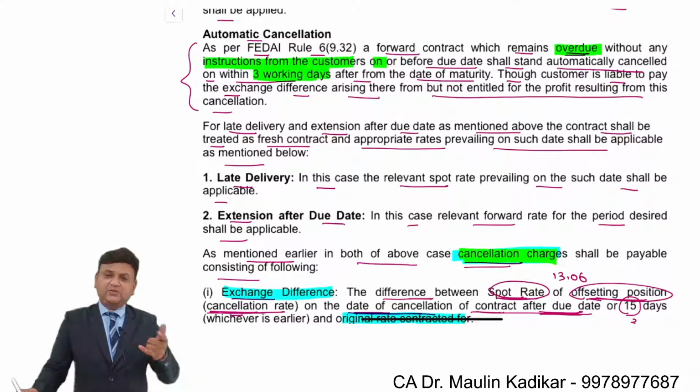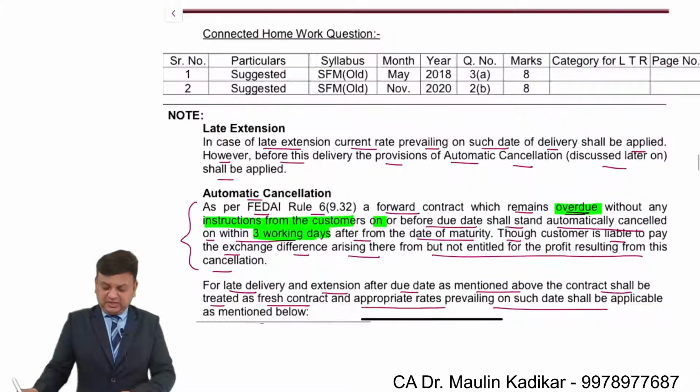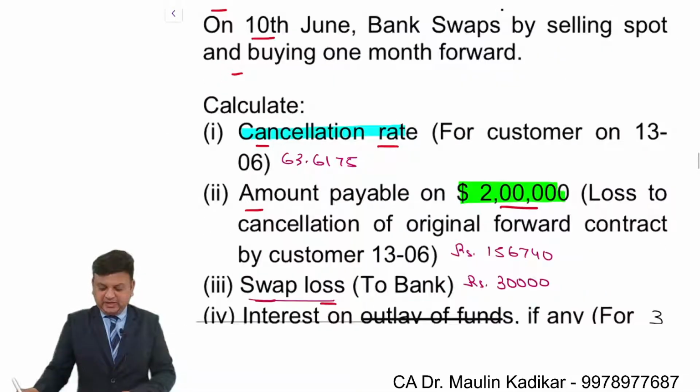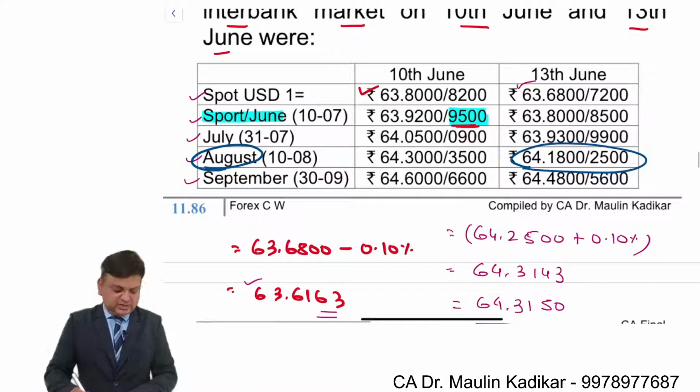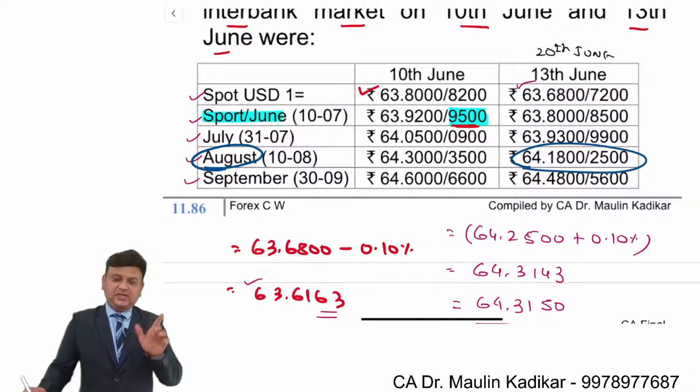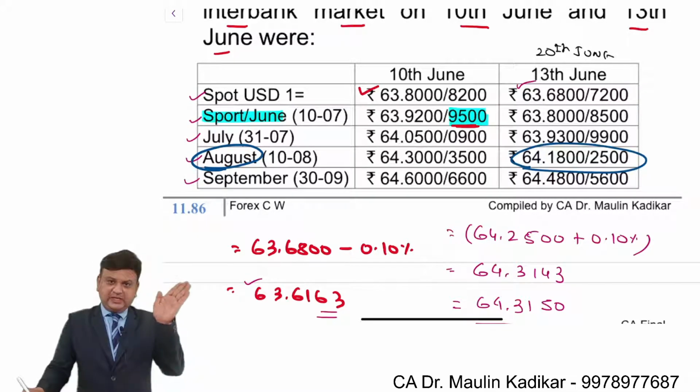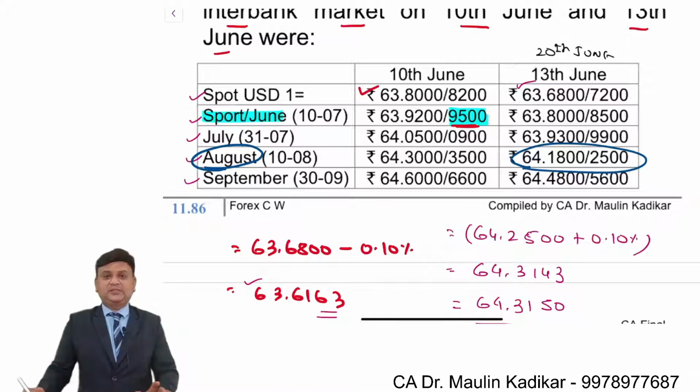So earlier, when this question was asked in the examination, the institute had provided the dates as 20th of June, which was within 15 days, and accordingly they had provided the answer because the rules at that time were of 15 days.